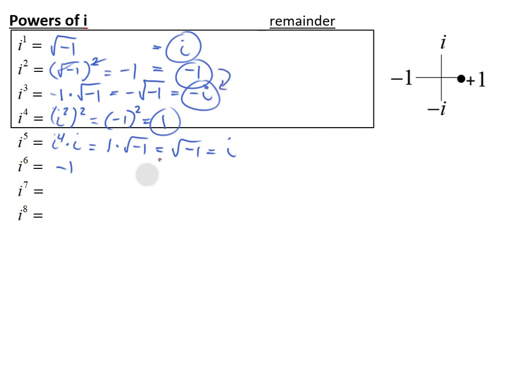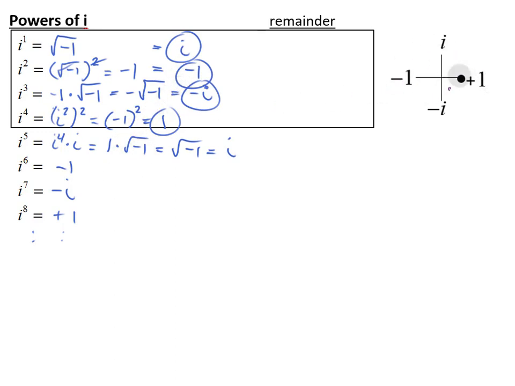And if I multiply that by another i, we get back -i again. And if I multiply that by another i, we get back +1. And in fact, this pattern just continues. It actually repeats every 4 powers of i. There's only 4 different states that i will ever be in if we simplify.